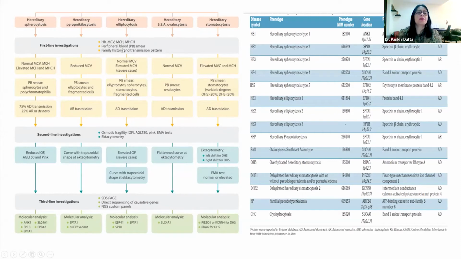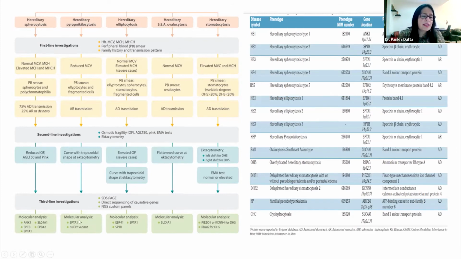In hereditary spherocytosis, MCH would be elevated, and you might come to a diagnosis and may not need to do anything else. Second line is osmotic fragility, or even better, the EMA binding test, which is a flow cytometry test. Flow cytometry may not be available everywhere, but the test per se is very simple. Or ektacytometry in specialized centers could be considered.